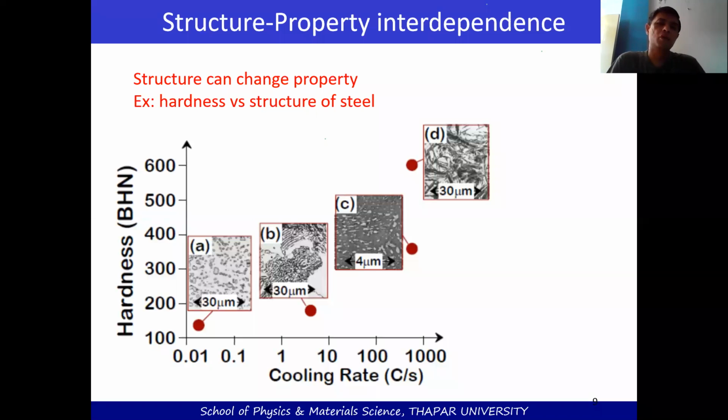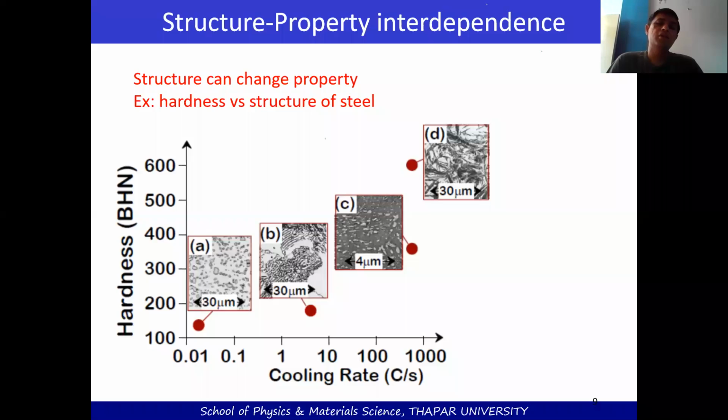You can see the hardness of the material in image D is highest, and if you read its magnitude, it is roughly 600 on its scale, which is called BHN. What is BHN? We will talk about it at a later stage.